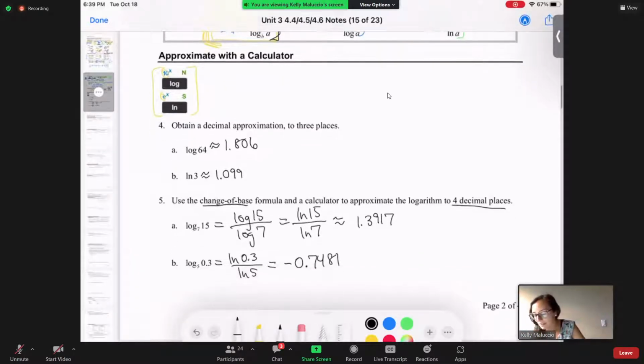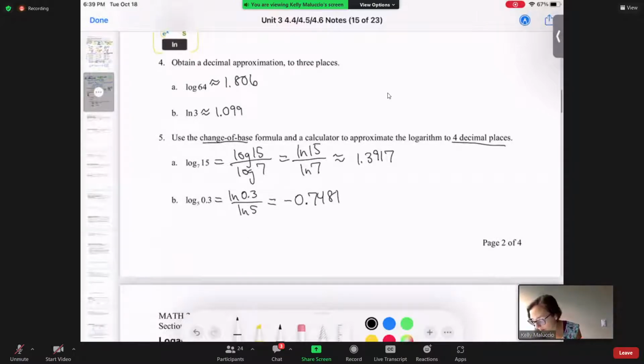And what this means, if you're thinking, okay, who cares? Like what we solved for, but what does that even mean? Well, what this tells us is that 7 to the 1.3917, okay, we're not exact here, but this should approximately equal 15, right?